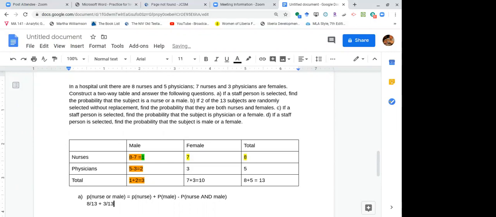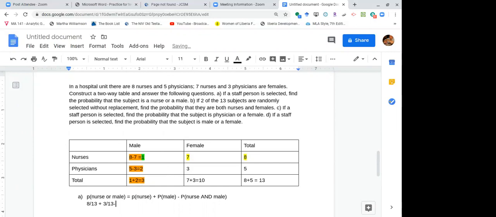Now, when we did that, we counted somebody twice. Because when we counted the nurses, we counted this little green one up there, and we counted him again when we counted the males. We want to count everybody, but we don't want to double count anyone.